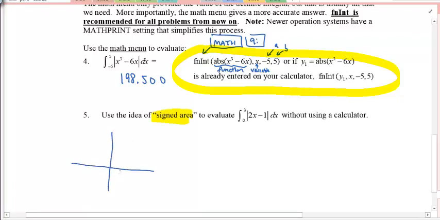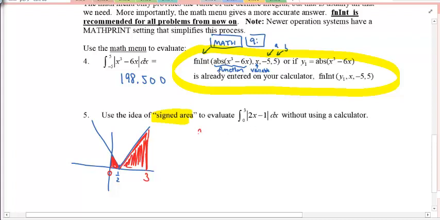So maybe you remember how to graph this out, right? This is 1/2 as the breakpoint. We have a V-shaped graph. I'm going from 0 to 3. And if I ask you to think about signed area, I hope you can see that this is actually two separate triangles added together. And that would be the signed area here.